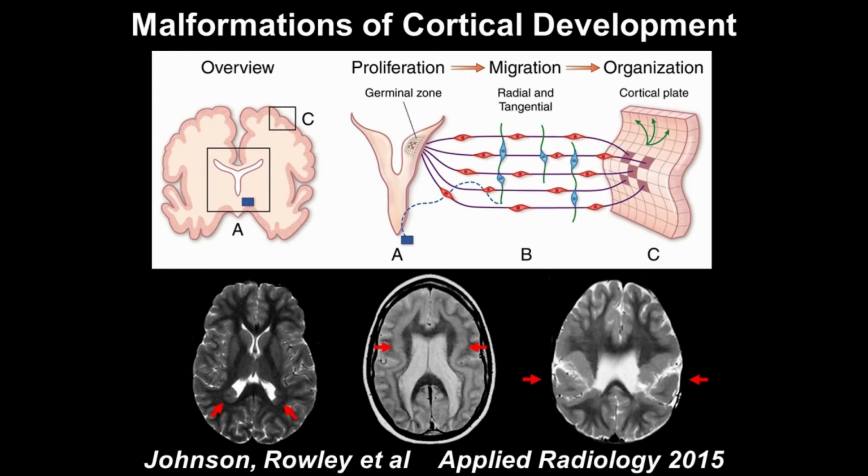So there are 3 principal features here: the proliferation of neurons, the migration out along radial glial guide fibers, and subsequent organization into the cortex and folding, and this happens between the first trimester and even postnatal life. You can imagine, as with any complex system, things can go wrong at any stage, and that helps inform where we should be looking on our imaging studies.